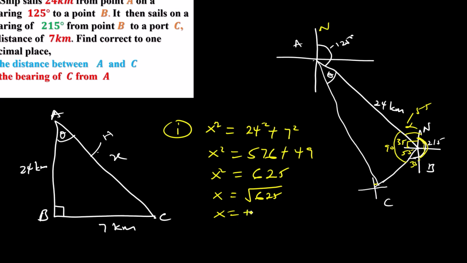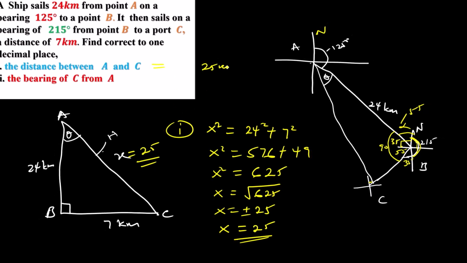It's supposed to be plus or minus 25, but distance cannot be negative, so my length here is 25. That's the longest side. So now that we know the length AC is 25 kilometers.